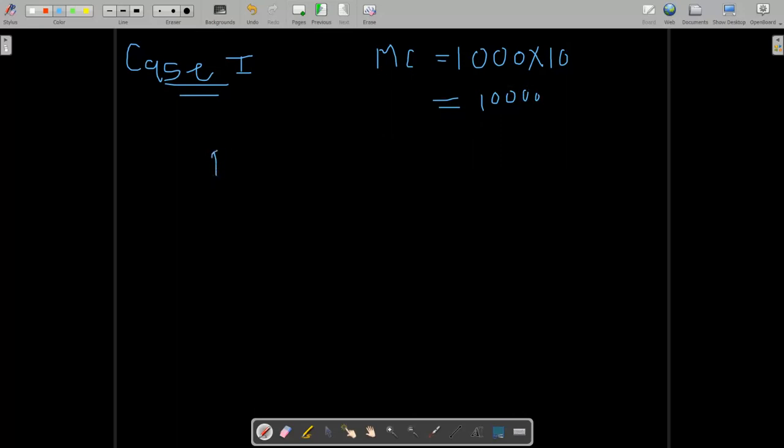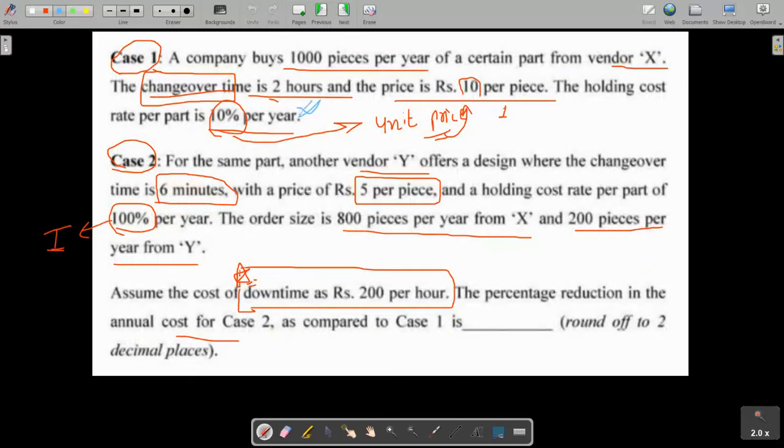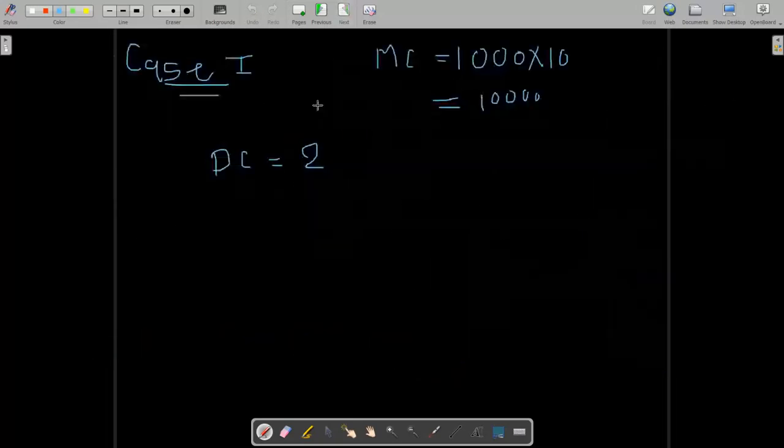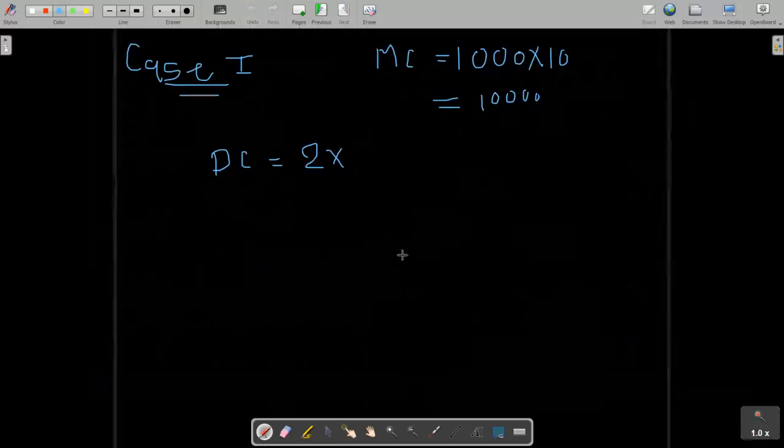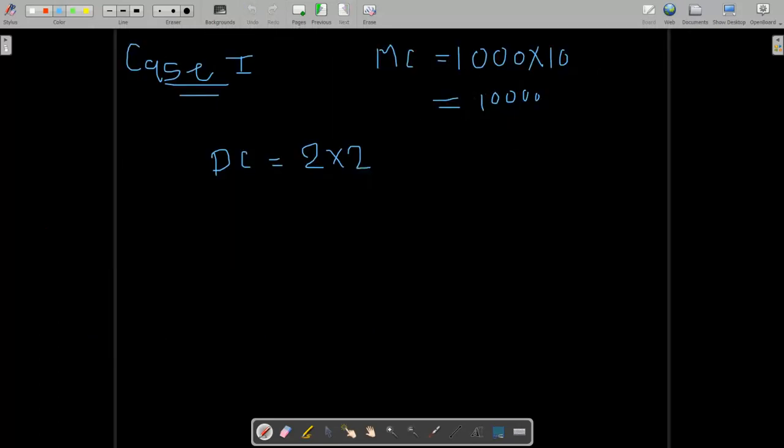Now downtime cost DC: the downtime is 2 hours. It is given 2 hours downtime. So 2 hours, and 1 hour requires how much cost? 1 hour of downtime costs 200 rupees. So it is 2 into 200. So this is the downtime cost, 400 rupees.